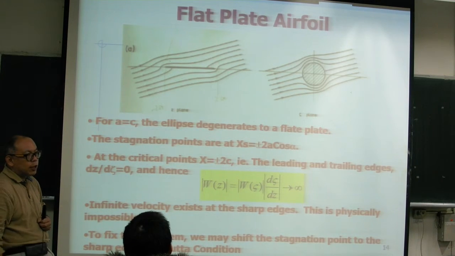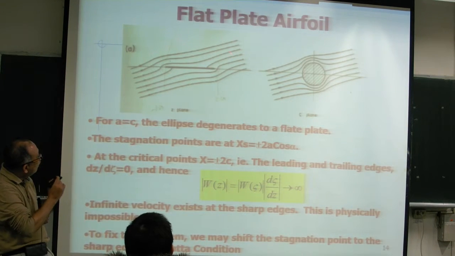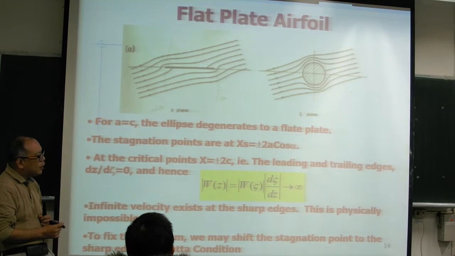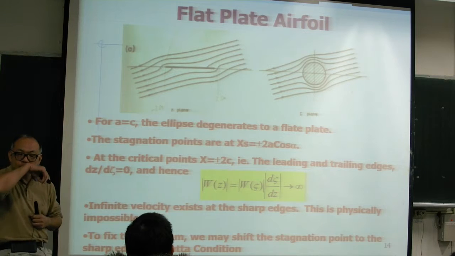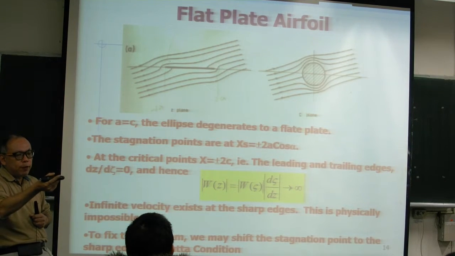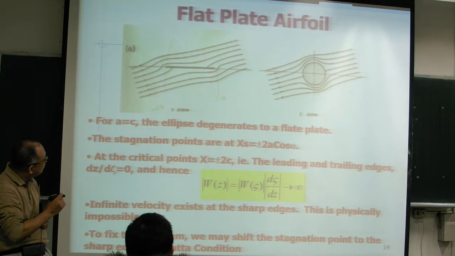So we can have this kind of transformation to understand how the flow over a flat plate looks like. And previously, when flow goes over a flat plate, we find a stagnation point here and here. These are two stagnation points.